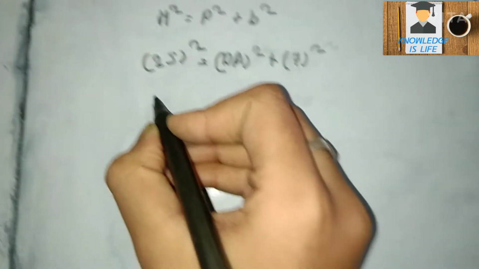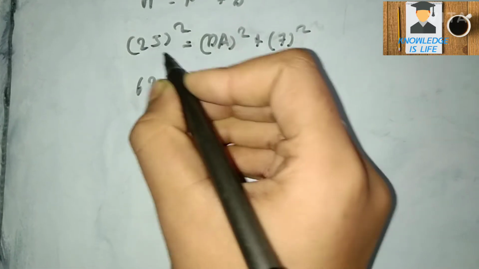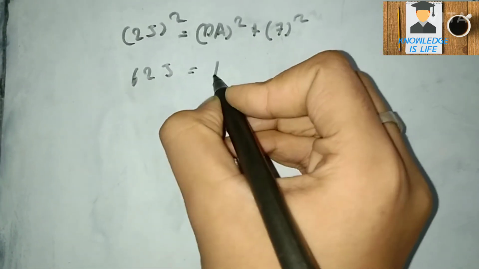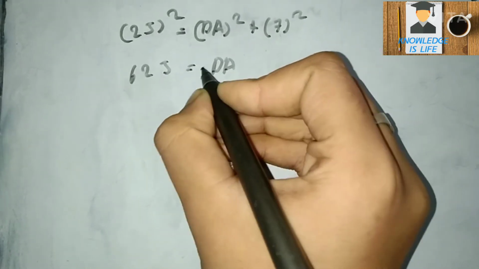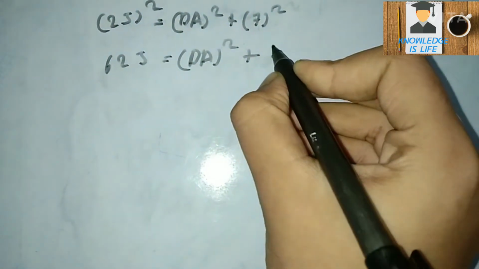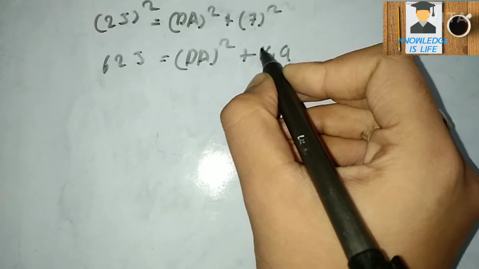So it will be 625, because the square of 25 is 625, equals DA square plus 49.